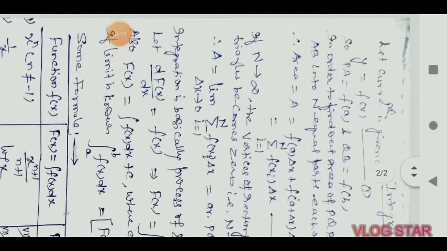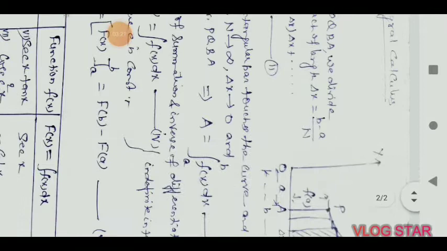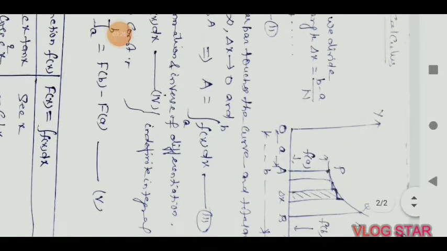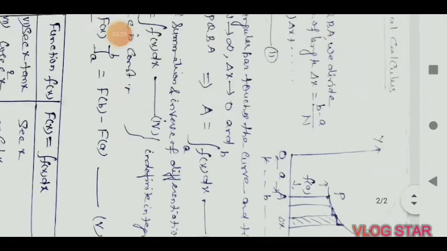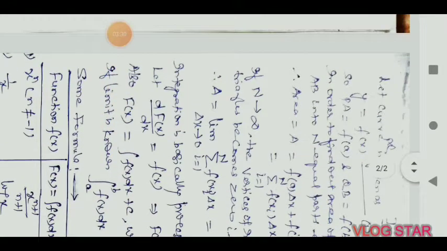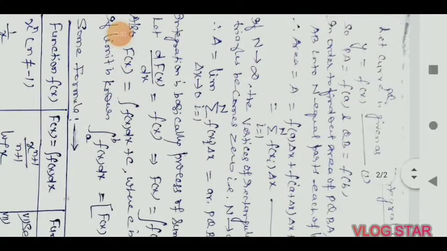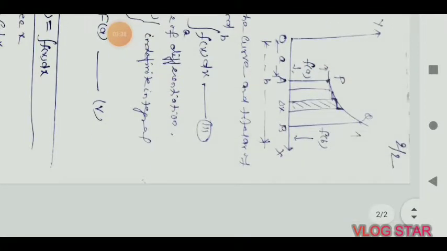Okay, so y equal to a function of x, at point P in that graph is represented by f(a) and at Q by f(b). Now in order to find out its area, we divide it into n numbers, capital N strips, and each strip has width delta x.